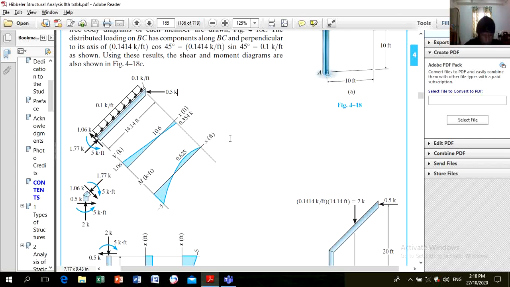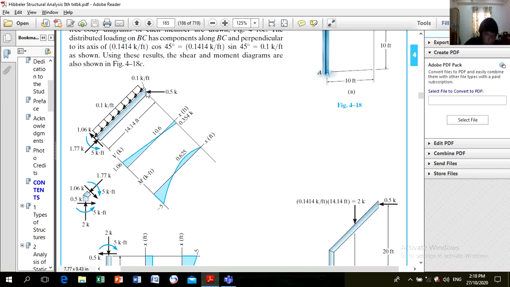So how to determine this 1.77? The horizontal component of 0.5 is 0.5 cosine 45, which is 0.35.